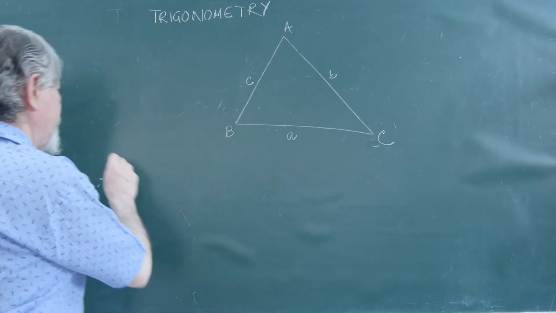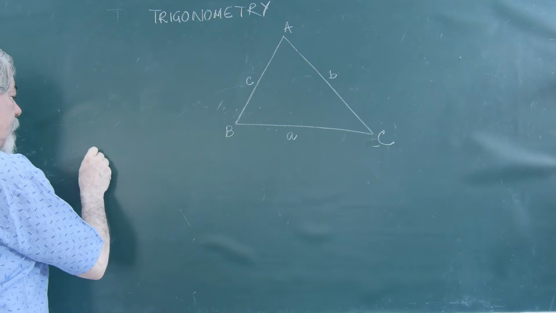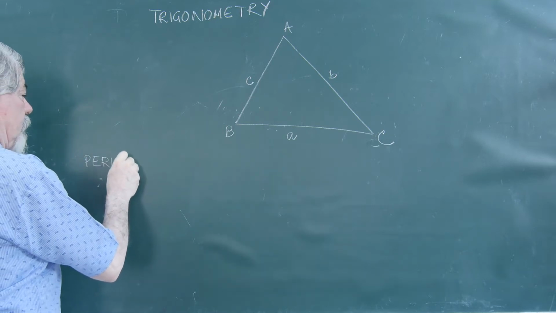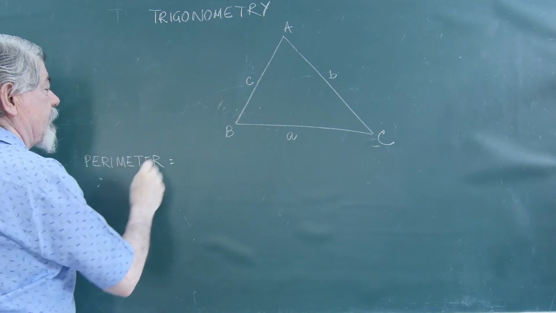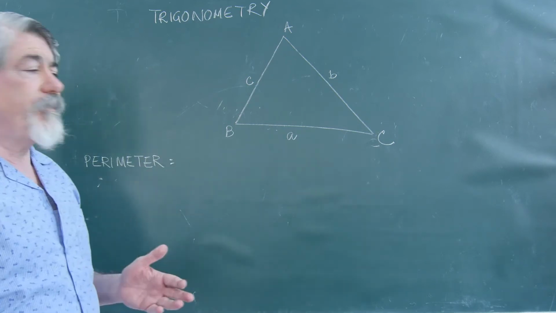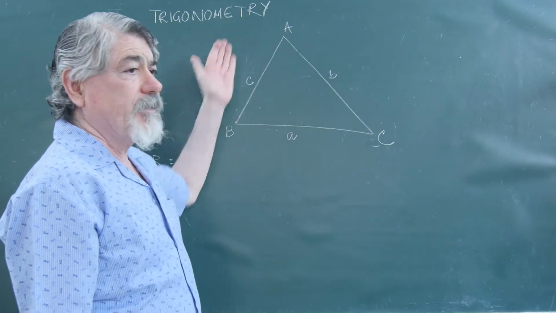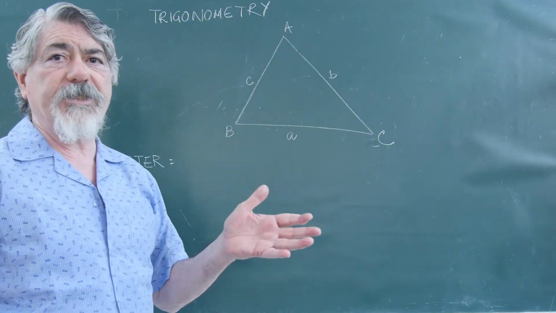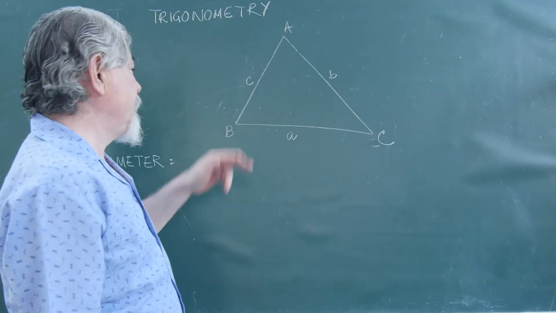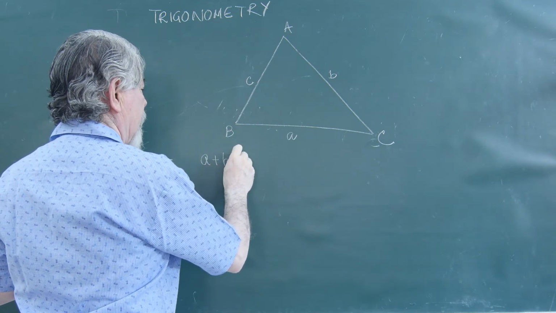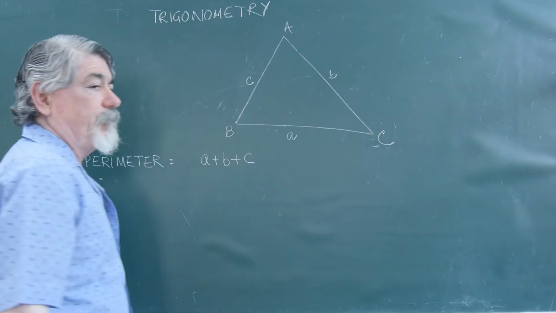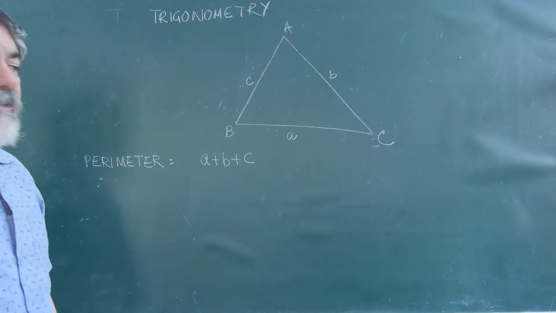You know what perimeter of the triangle is? Perimeter of any figure is the sum of all the sides of the bounded figure. For example, here it's a triangle, so if I add the lengths of all the three sides, I'll get the perimeter. a plus b plus c is called the perimeter of the triangle.